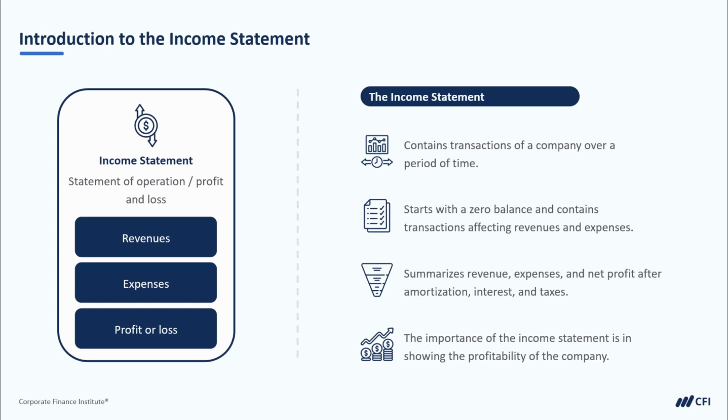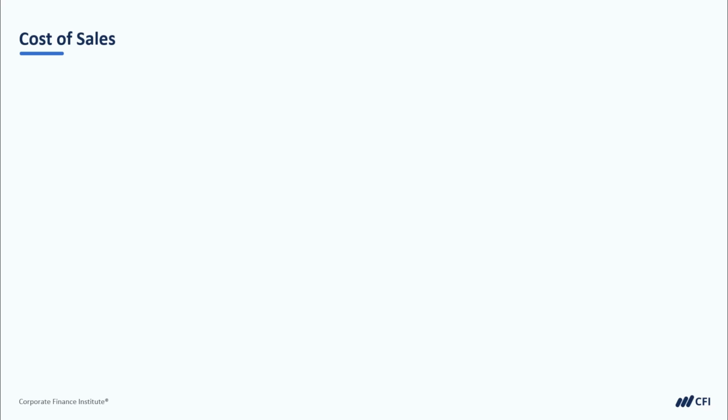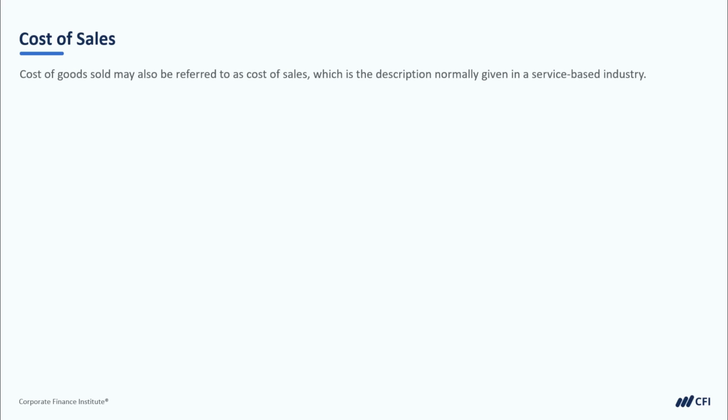So let's now look at some of the line items on the income statement that need a little more explanation. Directly below the revenue line, which is at the top of the income statement, comes the direct costs of whatever the company is selling. And these direct costs are often referred to as cost of sales or cost of goods sold.